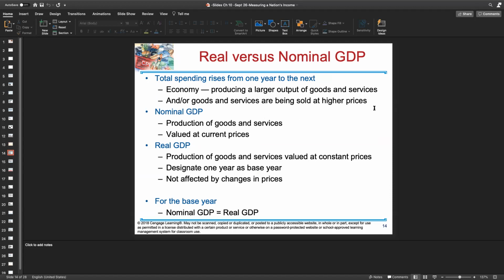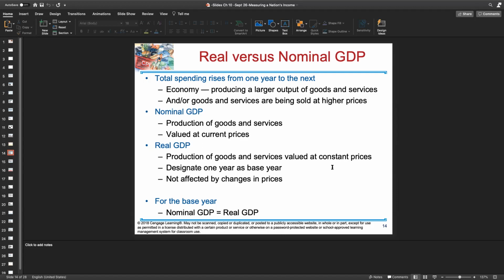What differentiates the real GDP from the nominal GDP is that the nominal GDP is the production of goods and services valued at the current prices. But the real GDP is the production of goods and services valued at constant prices.